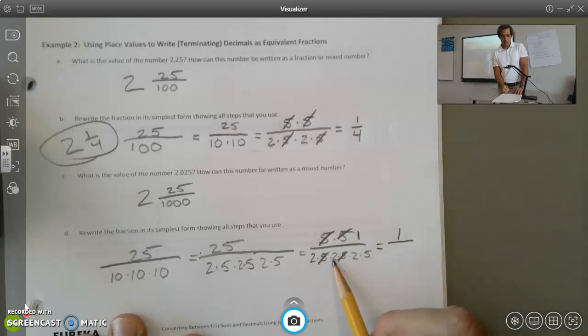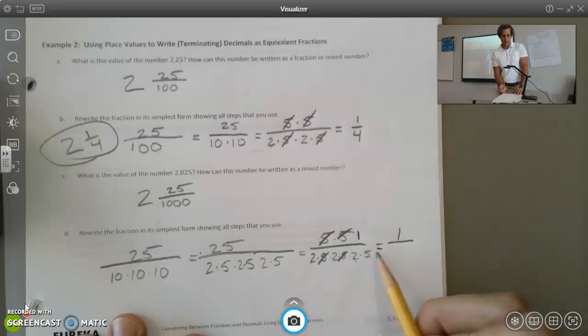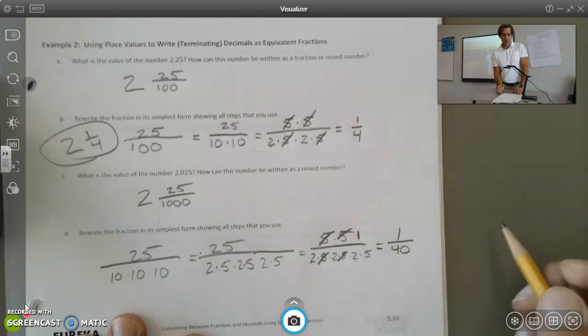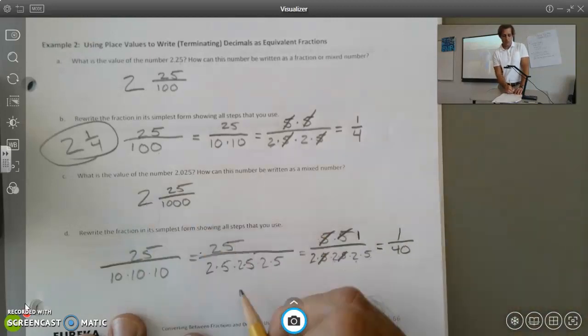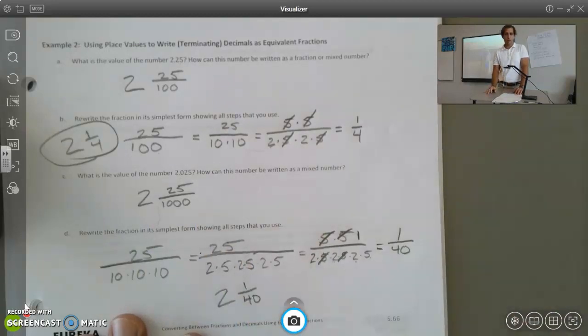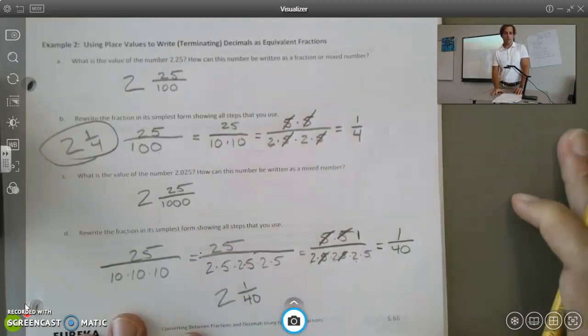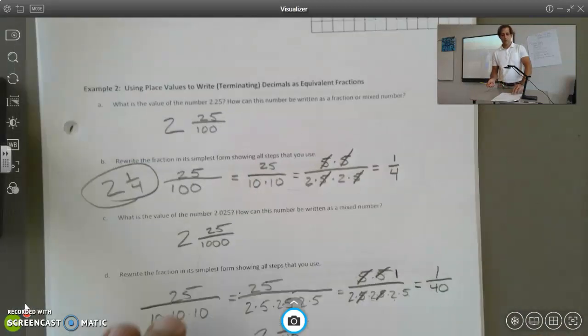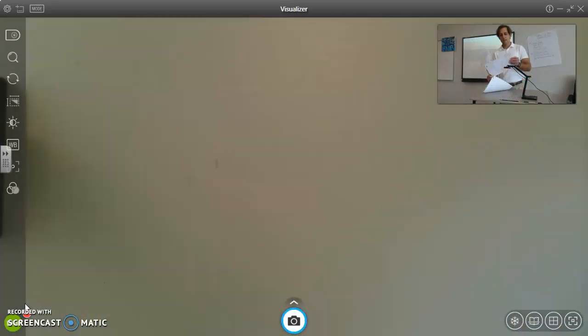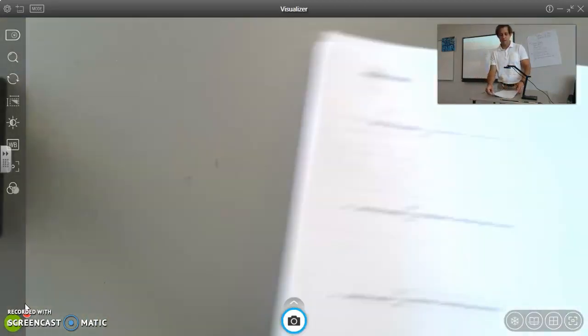So 2, 4, 8. 8 times 5 is 40. So the number here is 2 and 1/40th. This is not the primary strategy that we would use, but we can use this for all numbers that have a power of 10 in the denominator. Go to the next page.